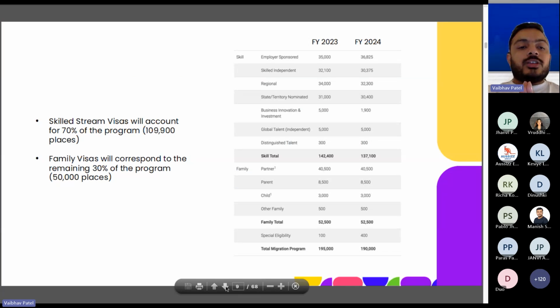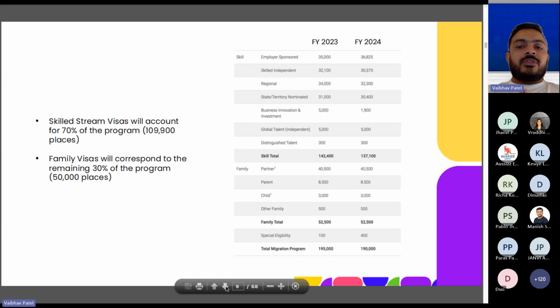Now, the allocation for this financial year, compared with last financial year. Employer sponsorship visas last financial year had a total of 35,000 allocations. In the coming financial year, the total allocation will increase to 36,825. Skill independent visas had 32,100 allocations, which is going to be 30,375.